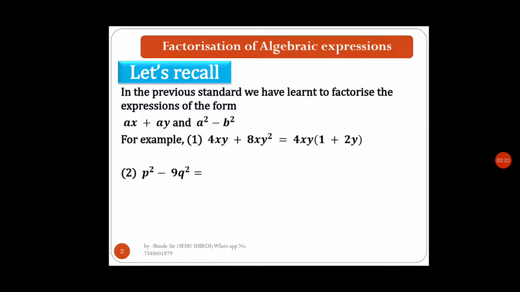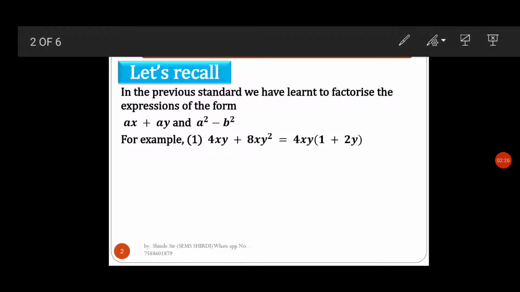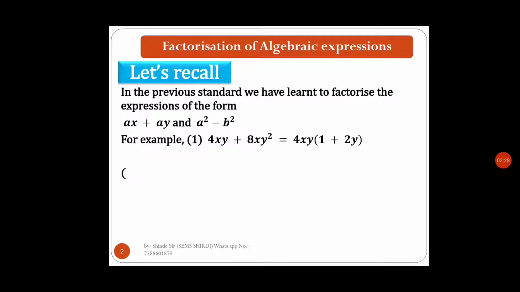Second, p square minus 9q square. Here we are finding factors of p square minus 9q square. The p square and 9q square are both perfect squares. We use the factorization of a square minus b square, which is a plus b into a minus b.